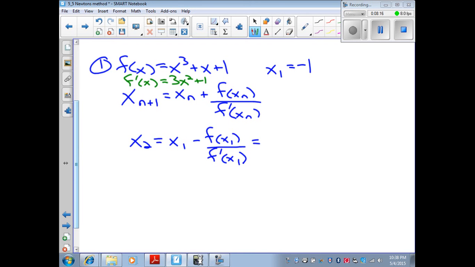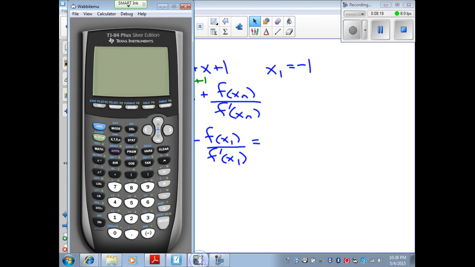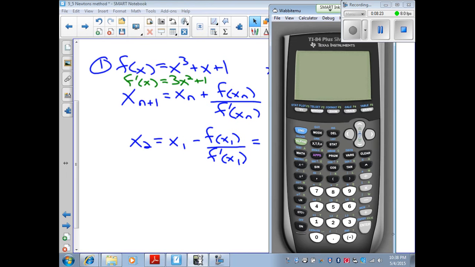Okay. And I'm going to do that on the calculator. Now, it's super easy with negative 1, but we'll do it this way anyways, because when the numbers get messy, we want to be able to use the calculator.